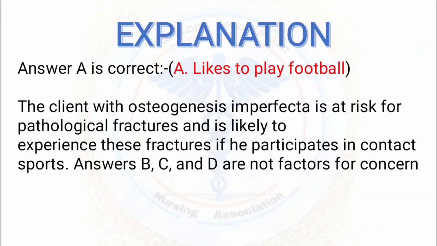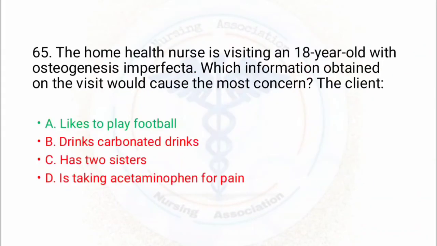Answer A is correct because the patient is suffering from osteogenesis imperfecta, and if he plays football or goes into sporting activity, he may have a pathological fracture because his bones are soft.